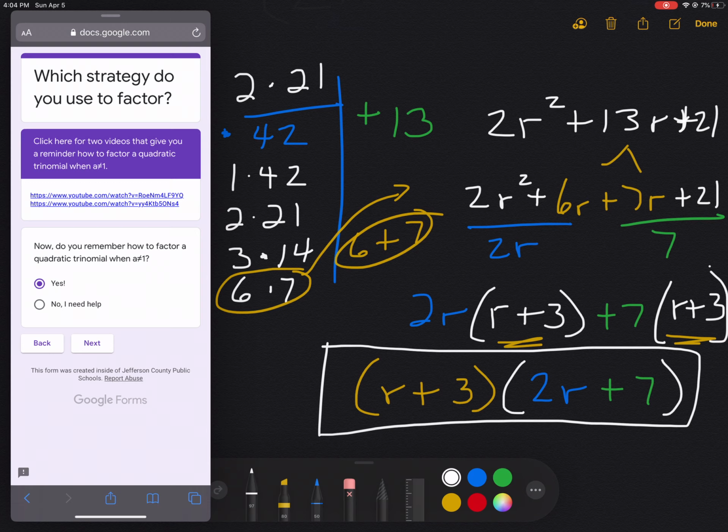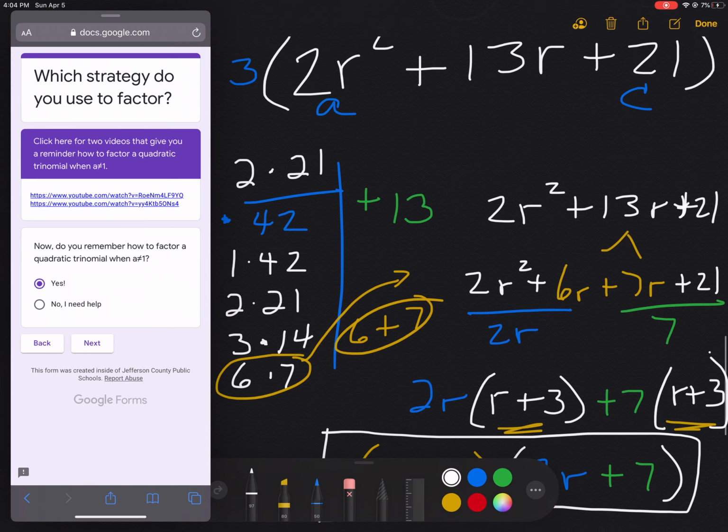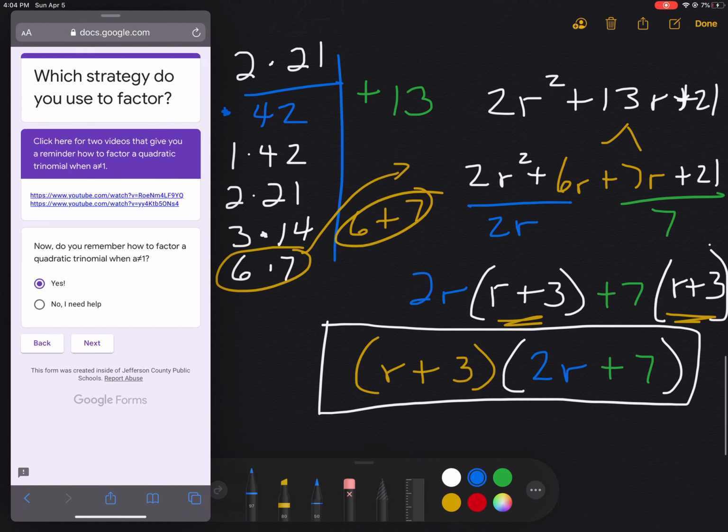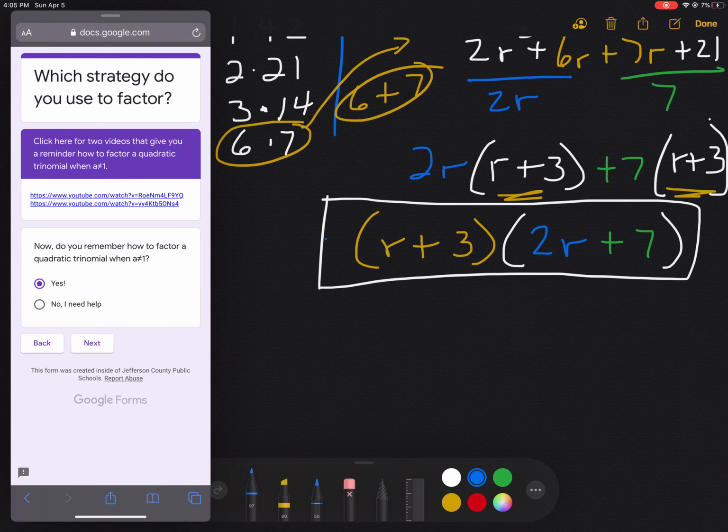We don't have a GCF. The one little teeny tiny thing that I forgot to do is that I still had that GCF way up there from my very, very first step, right? I factored out that 3. So make sure you don't forget that the GCF still needs to come down. Okay, so don't forget your GCF.